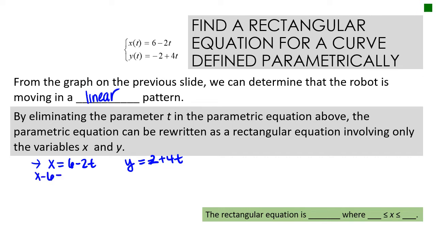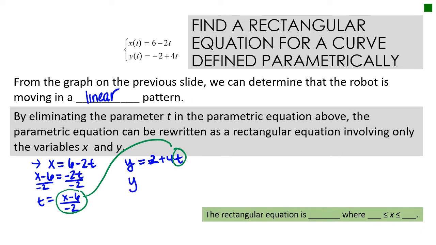I'm going to subtract the 6 from both sides and then divide both sides by negative 2. So I get that t equals (x minus 6) over negative 2. Now I can plug this into the other equation so that I have a formula only in terms of y's and x's.